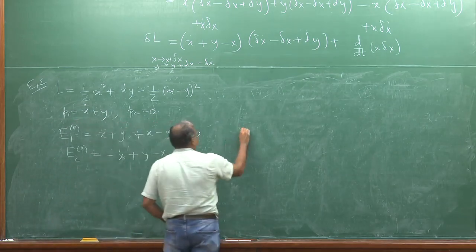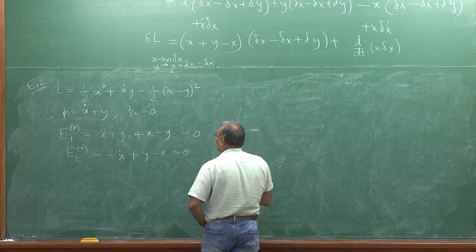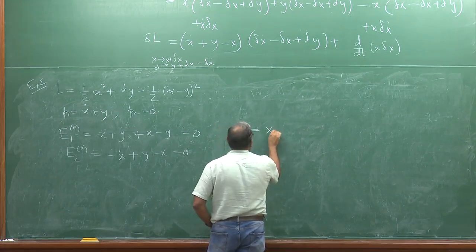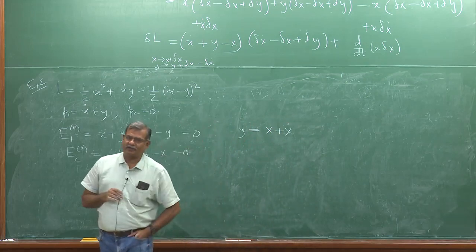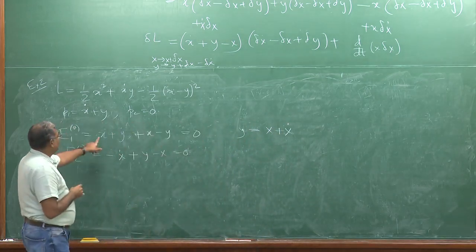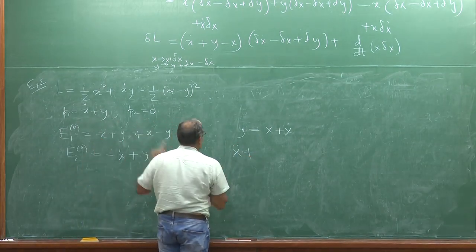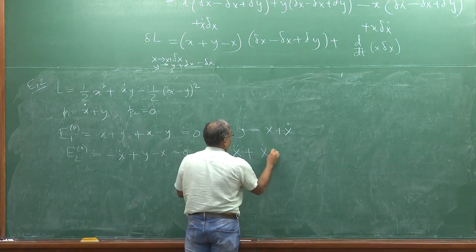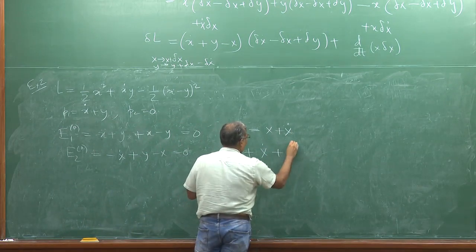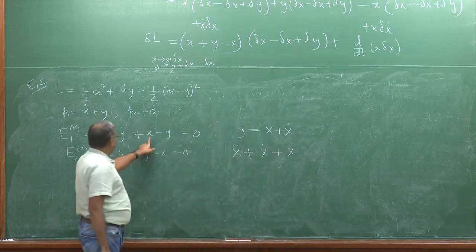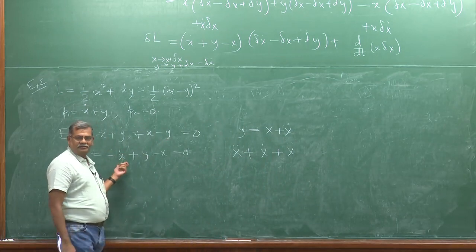But now the change is very subtle and very small actually. Y works out to be what? X plus x dot. It was x minus x dot before, this now is x plus x dot. But now let's plug this back here. What do we get? X double dot plus y dot, which is x dot, plus x double dot plus x minus y, and x minus y is minus x dot, right.